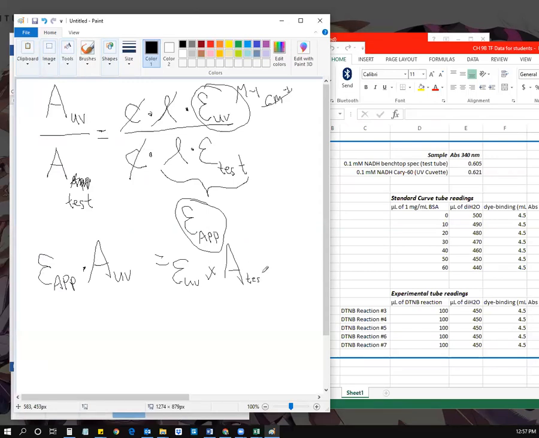And then just to finish this off here, I'll just divide both sides by the UV absorbance value.